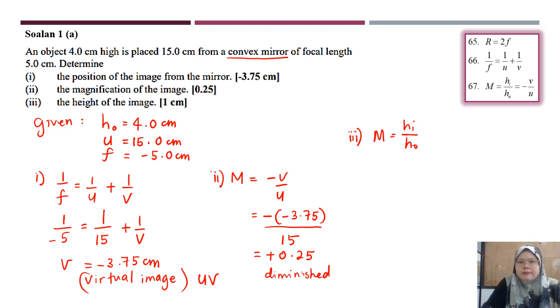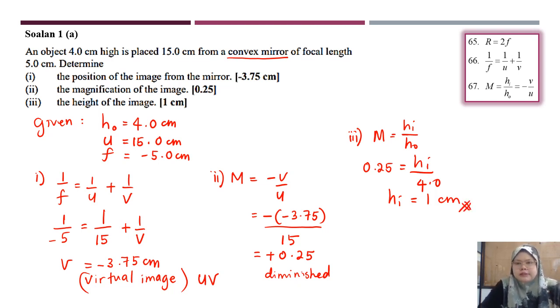You already have the magnification 0.25 equals the height of the image we want to calculate, over the height of the object, 4 cm. We will get the height of the image equal to 1 centimeter, which is less than the height of the object.